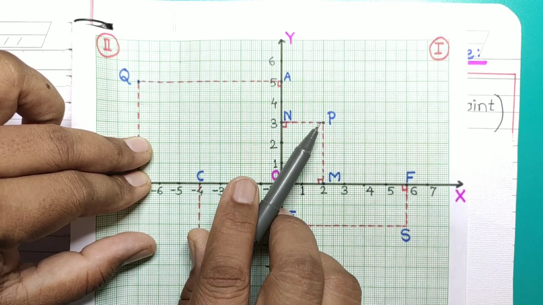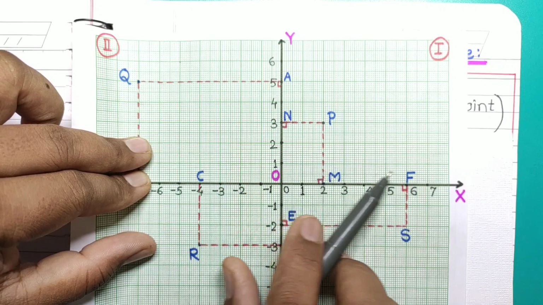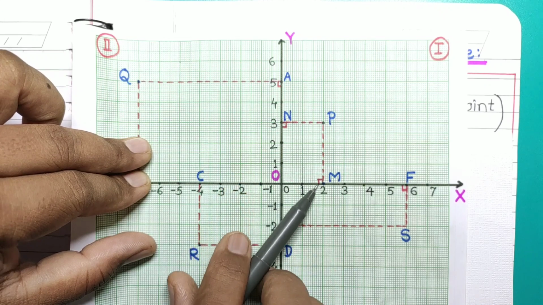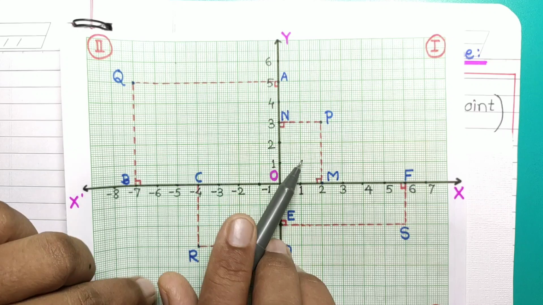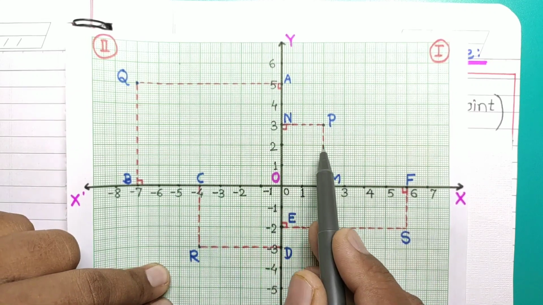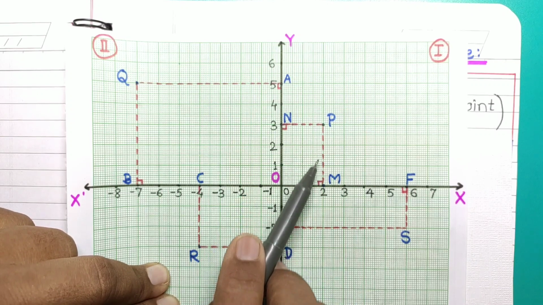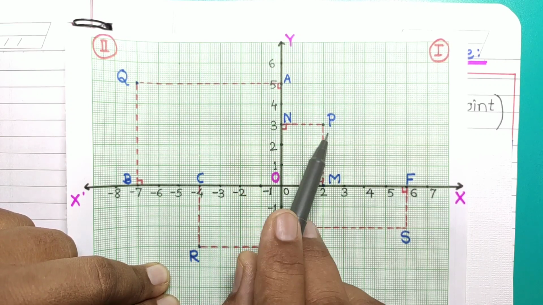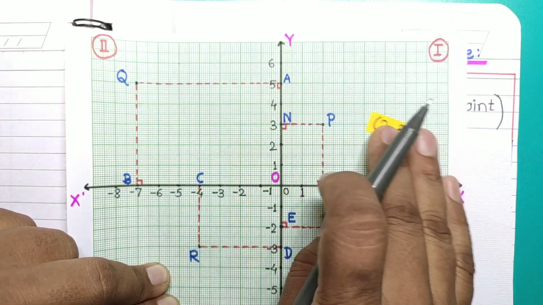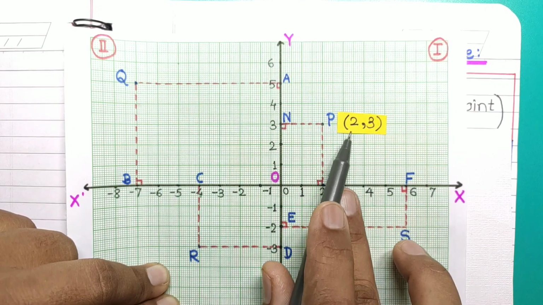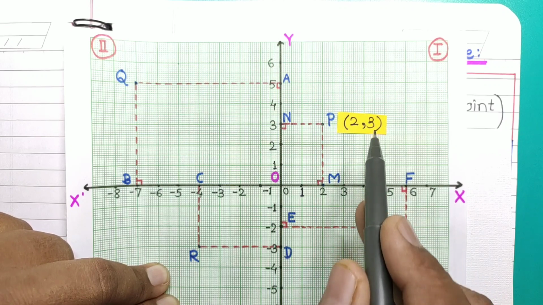Then to know its distance from the x-axis, draw perpendicular PM on the x-axis, and the length of PM is the distance of point P from the x-axis, and that is its y coordinate. So note here, this distance is 3 units. So its y coordinate is 3. That means the coordinates of point P are (2, 3). The x coordinate is 2 and the y coordinate is 3.